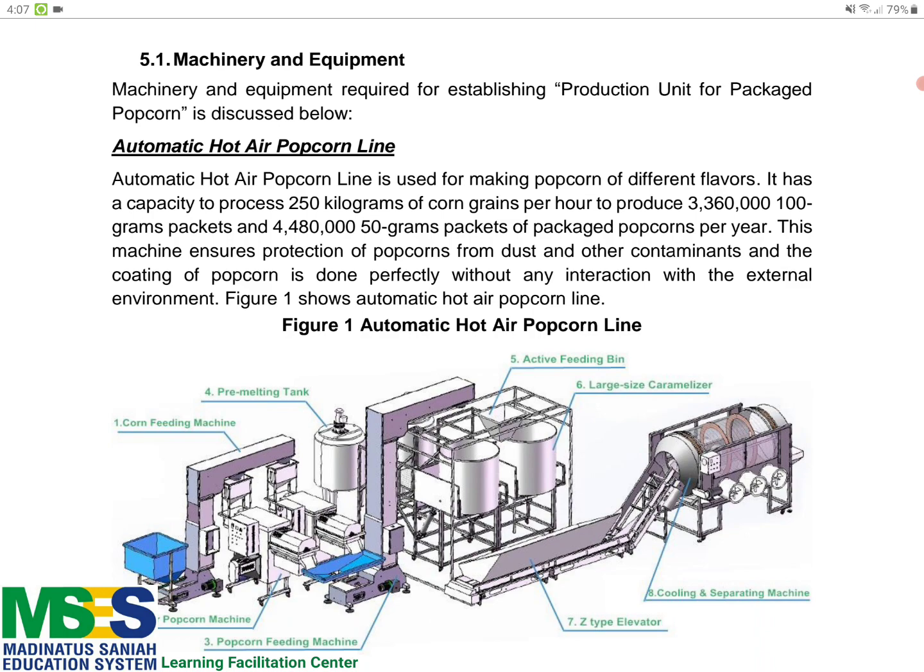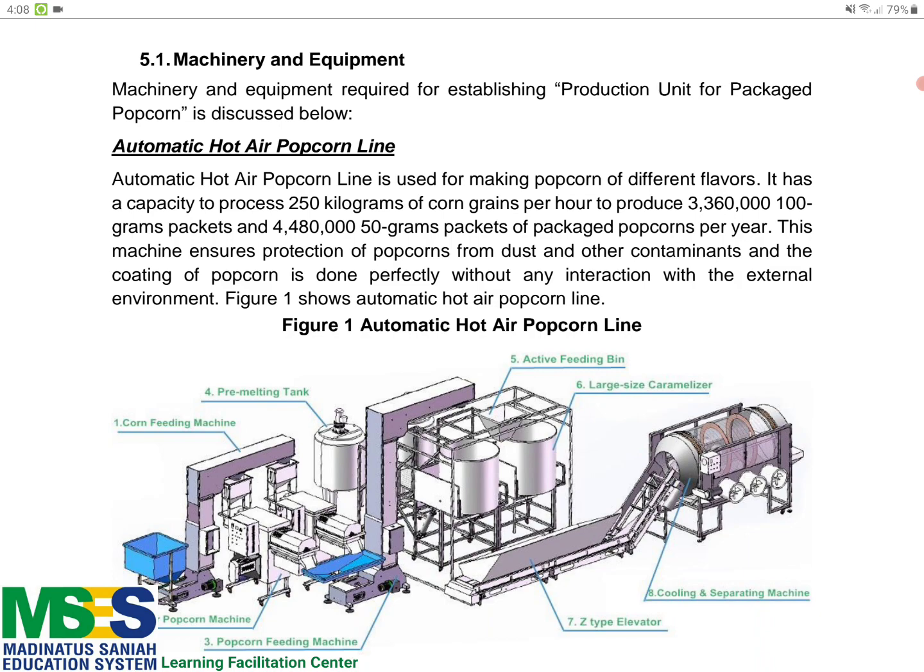It's not like the popcorns that are being sold by the popcorn hawker. It's a proper plant, a proper company factory where popcorns would be made and packaged in a branded pouch, and they would be sold at retail shops.